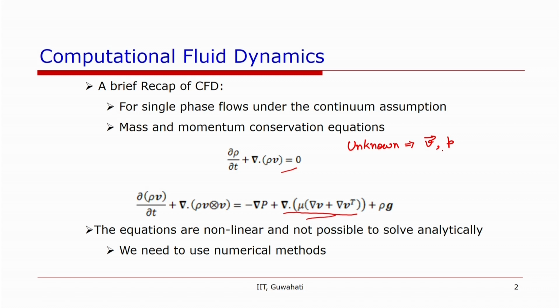Now, because the momentum equation is non-linear, the convective term, as you can see here, is non-linear, it is not always possible to get an analytical solution for this partial differential equation, and we need to use some numerical method to do so.